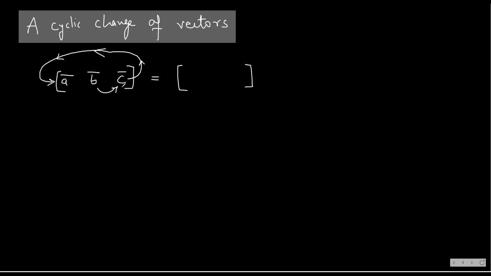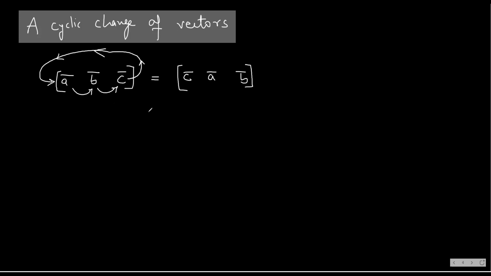And as B bar is on the move, the B bar place is vacant, A bar moves here. And the moment A bar is out of its place, C bar occupies that. So it is C bar, A bar, and B bar.